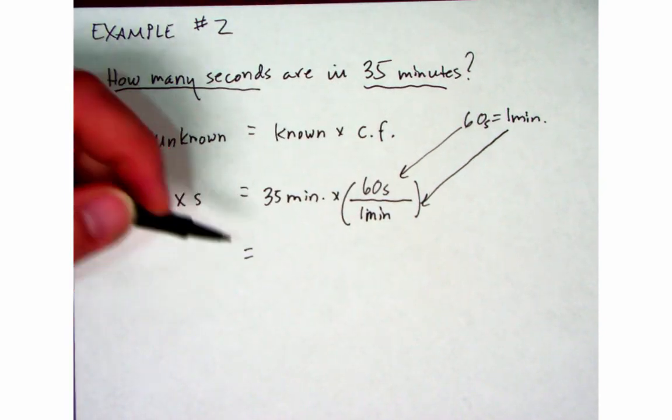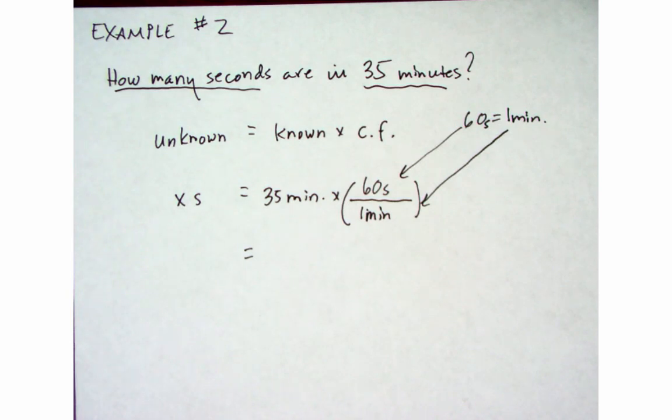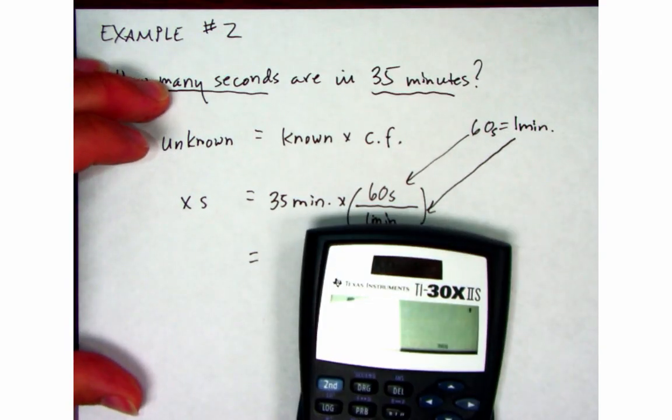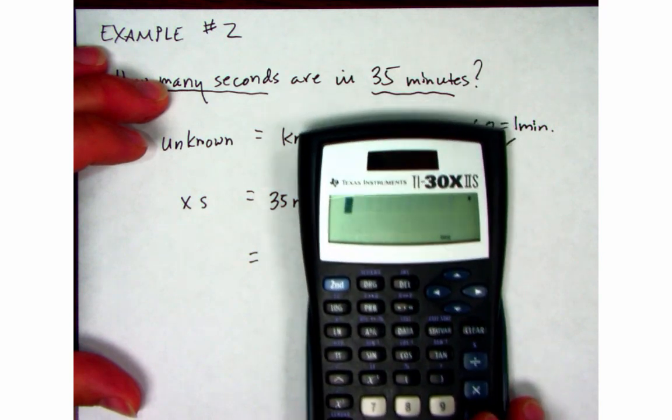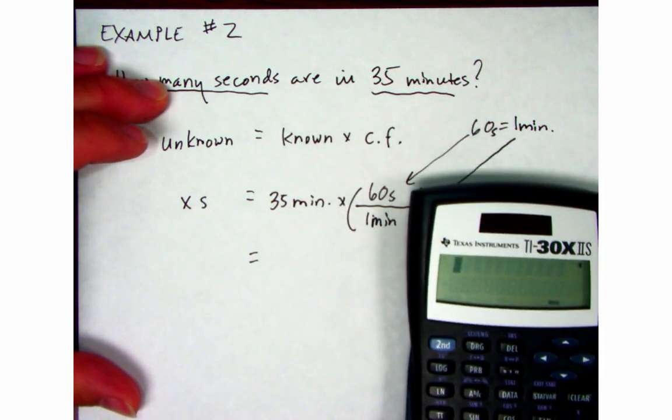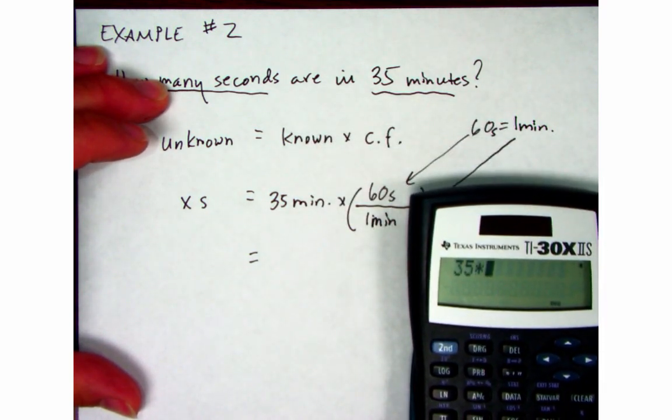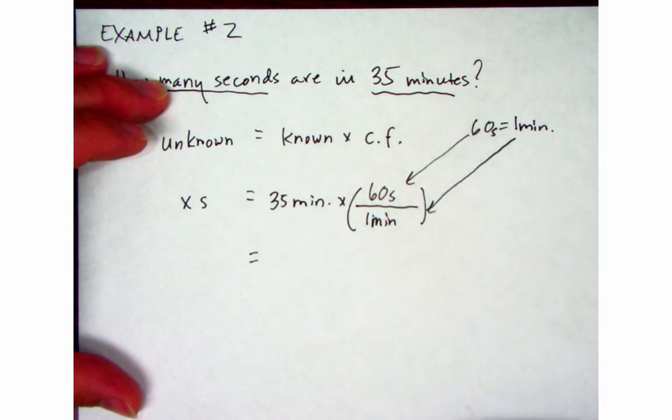So I'm going to multiply these together. Let me get out my trusty calculator. And that's going to be 35 times 60. And I get 2100.